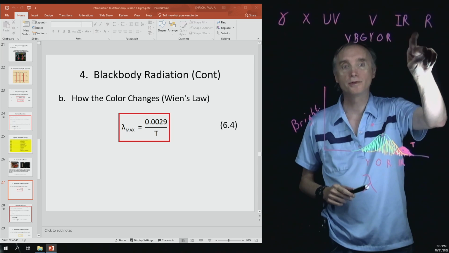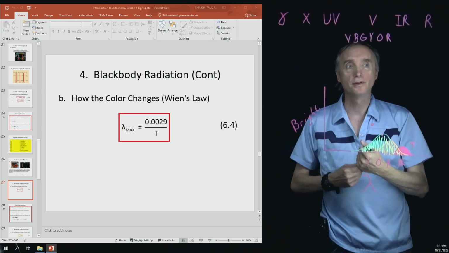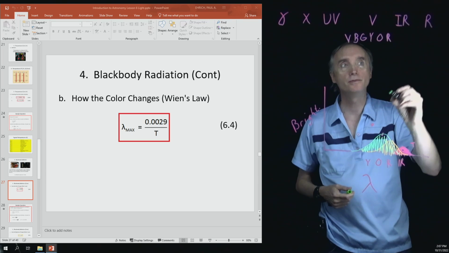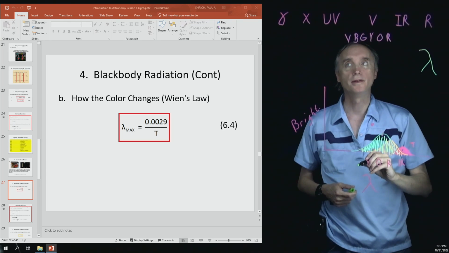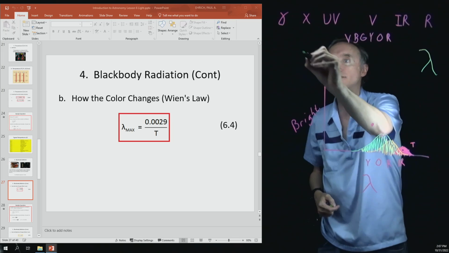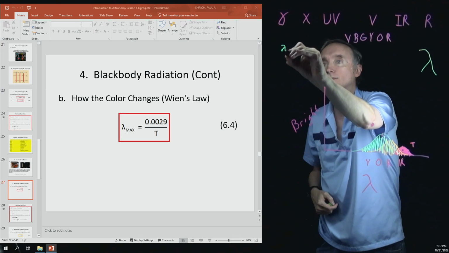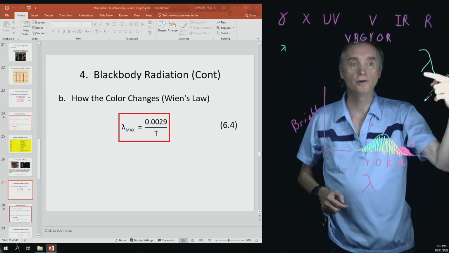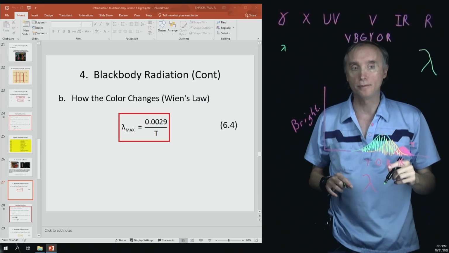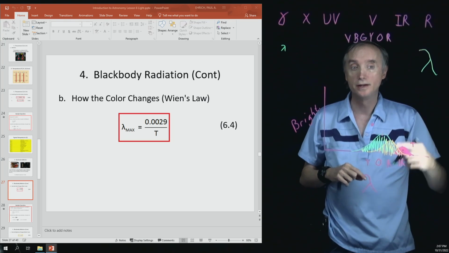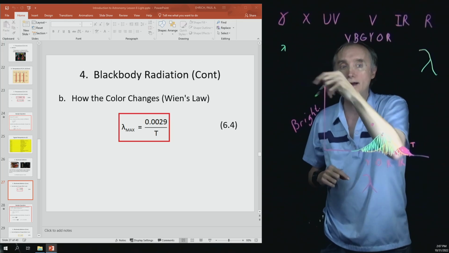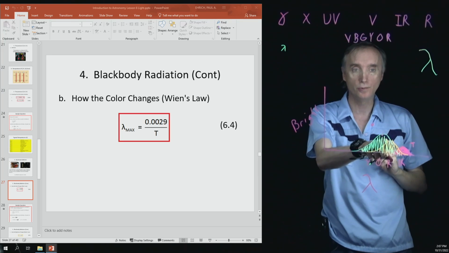Okay, let's go back up to here. Do you remember that radio waves had the largest wavelengths, and over here the gamma rays had the smallest wavelengths? So if the temperature goes up and the wavelength is going down, that means you're shifting in that direction, and that's exactly what happened.